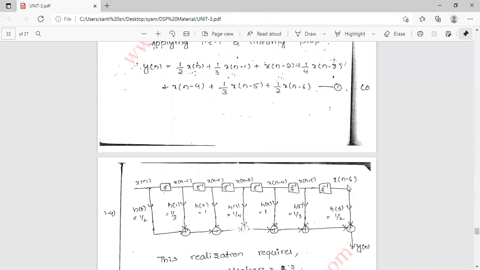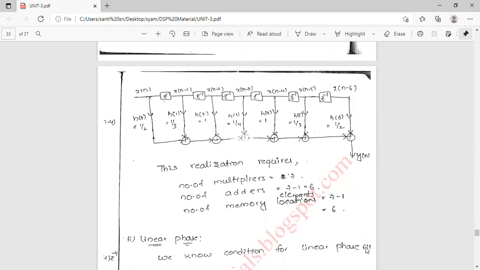Okay, so by direct form, x of n into 1 by 2 plus x of n minus 1 into 1 by 3, x of n minus 2 into 1, x of n minus 3 into 1 by 4, x of n minus 4 into 1, x of n minus 5 into 1 by 3, x of n minus 6 into 1 by 2, all are added, and the sum is the total sum, so that we will get y of n.